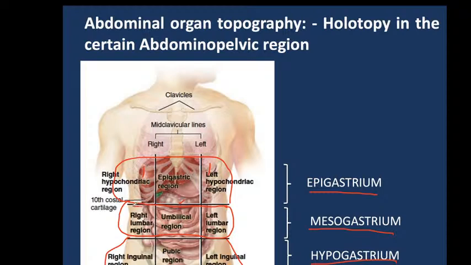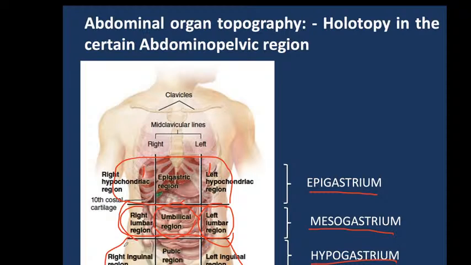In mesogastrium we have the right and left lumbar regions. More often we call them the left and right lateral regions in mesogastrium. And the unpaired region is the umbilical region, because it is located in the area where the umbilicus is located.